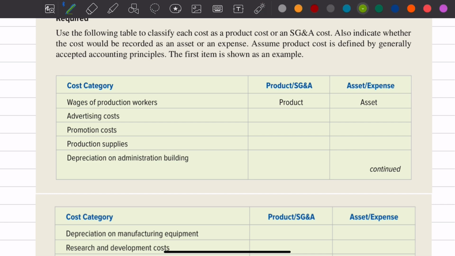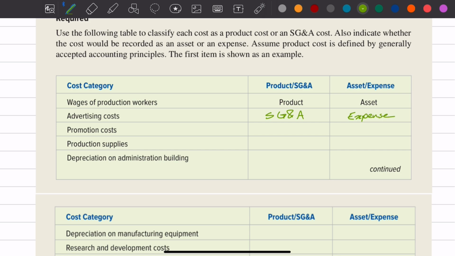It says advertising costs. Of course, advertising costs, this is a type of cost that does not go directly to the product, so it cannot be traced directly to a specific product, and because of that we can classify this as a SG&A cost, and we also can classify this to be an expense because it will go directly to our expenses in the income statement.